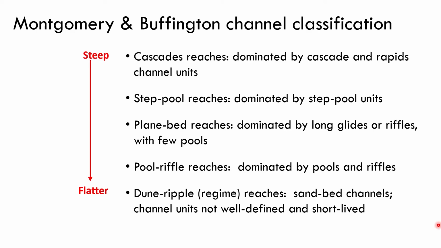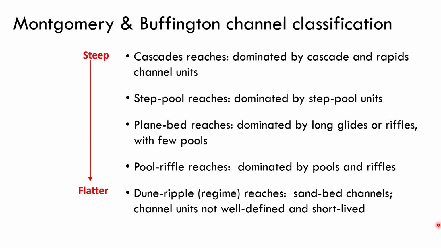Okay, so the Montgomery-Buffington classification system really comes from looking at streams in a very ordered spatial fashion. The classifications go from steep to flat sections of a stream, and they are named after the bed forms that exist there primarily.